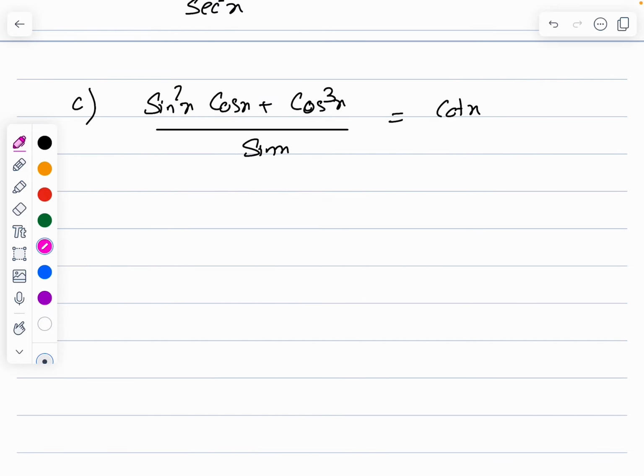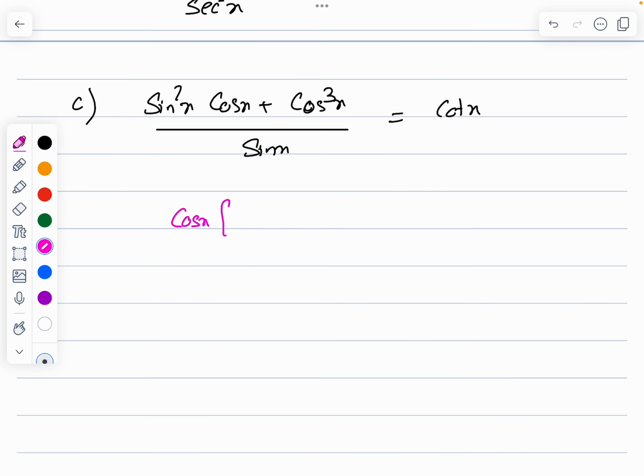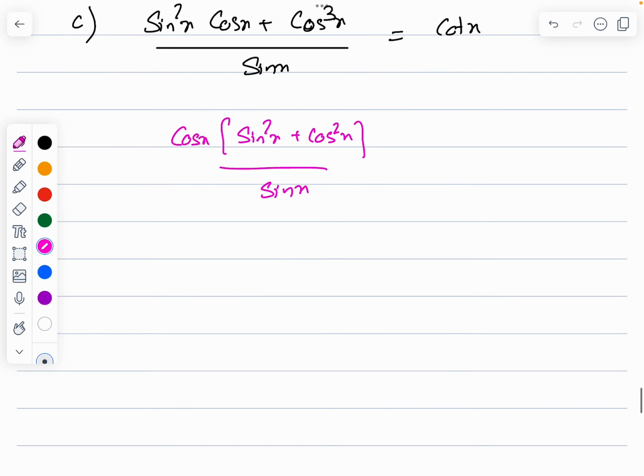When I take cos x common, what I will be able to get is (sin square x plus cos square x) divided by sin x. Now sin square x plus cos square x is 1. So what am I left over with? Cos x upon sin x, which is nothing but cot x.